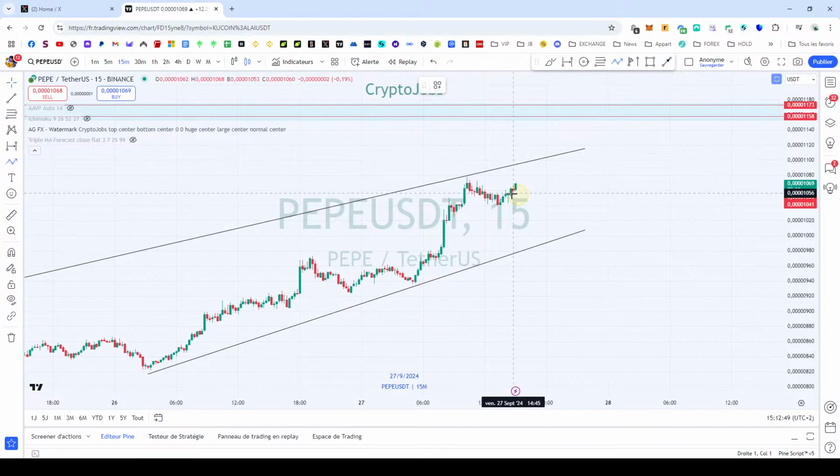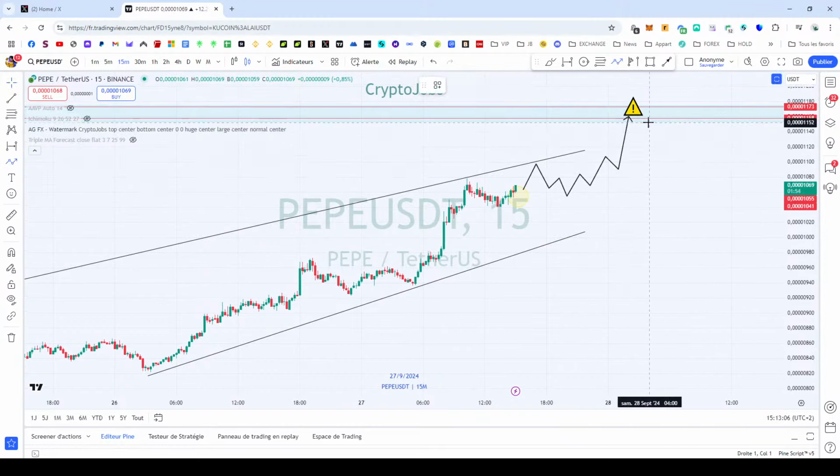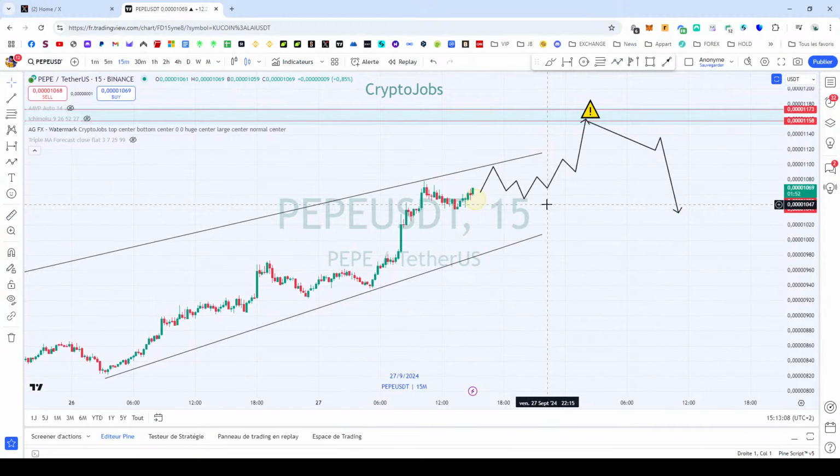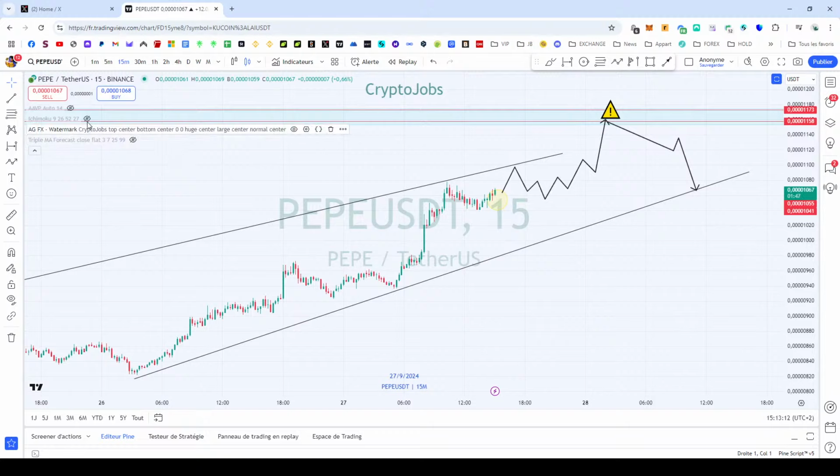Yeah, I think that something like that could be seen for Pepe, and here that level could mark the local top. We may see another 10% up from open, but you should be aware of this big resistance because it could lead to another big rejection.